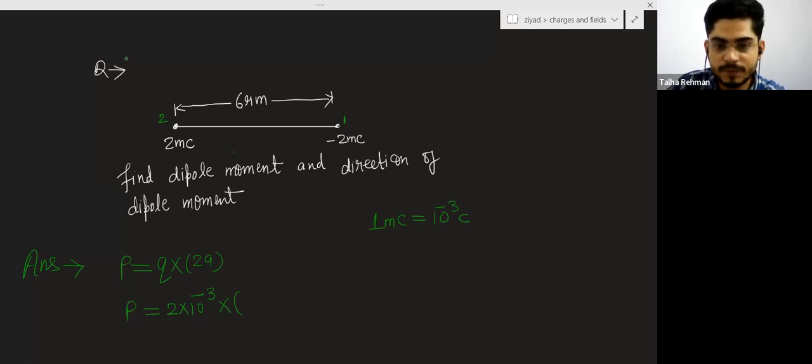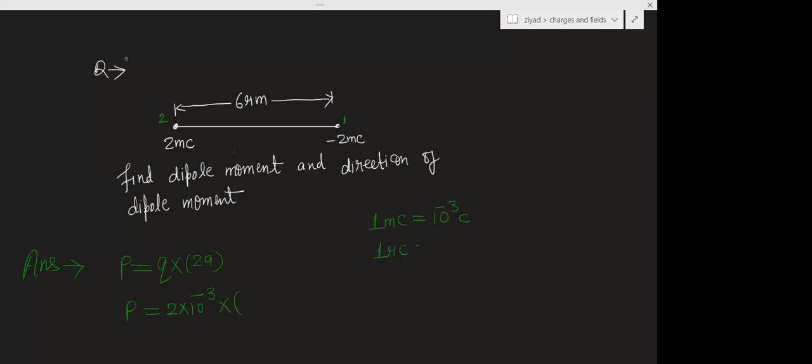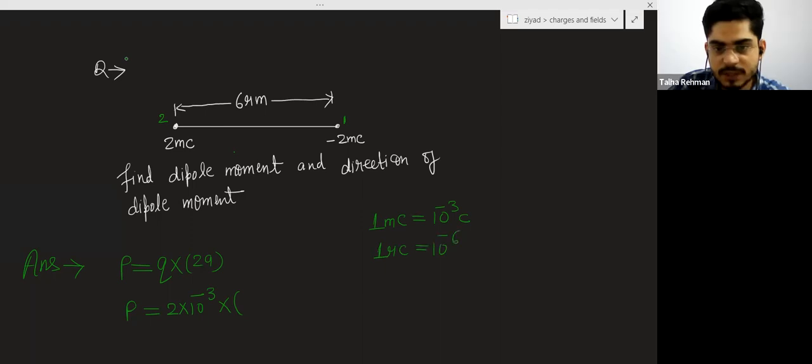6 micrometer. And 1 micrometer is equal to 10 to the power minus 6 meter. Micro means 10 to the power minus 6, whether it is charge or distance.